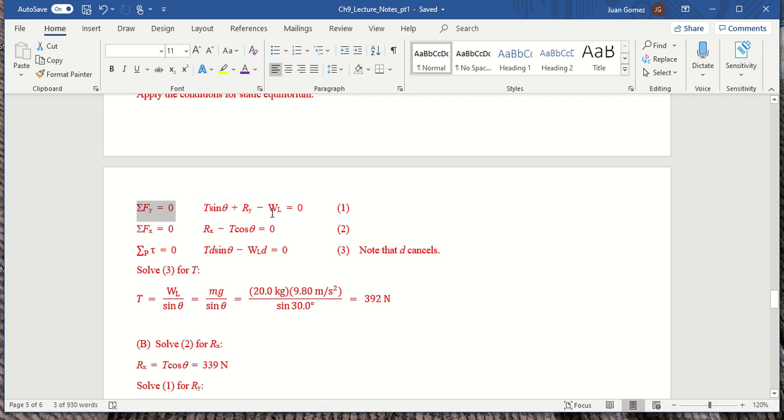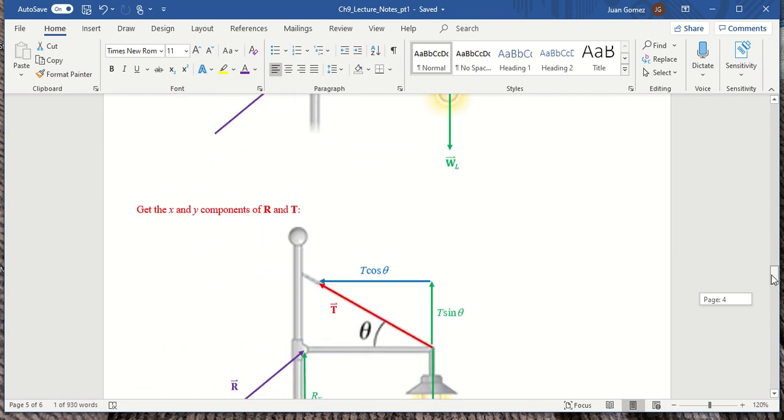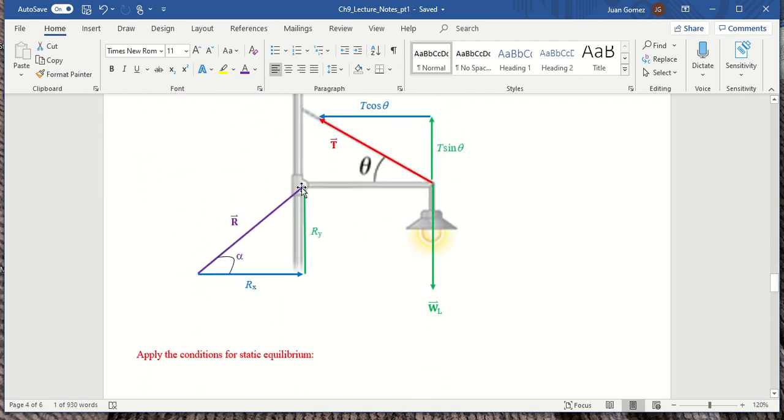That's going to give you what I call equation 1. Then apply the sum of the forces in the x direction equals 0. That's going to give you equation 2. Then apply the sum of the torques equals 0. That's going to give you your third equation. The P just means the sum of the torques relative to your pivot. You have to choose your rotation axis or your pivot. Remember, we're choosing our rotation axis to be where the beam is attached to the pole.